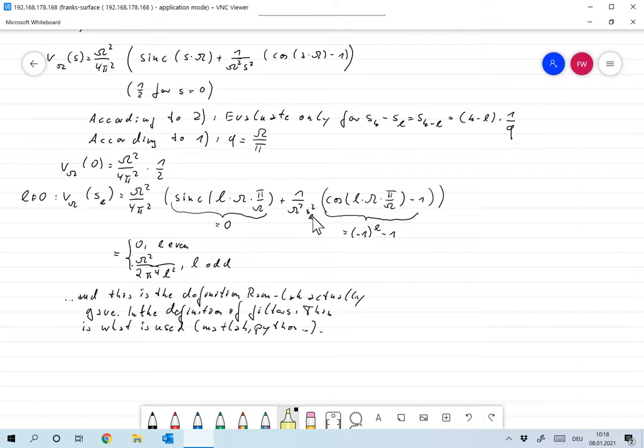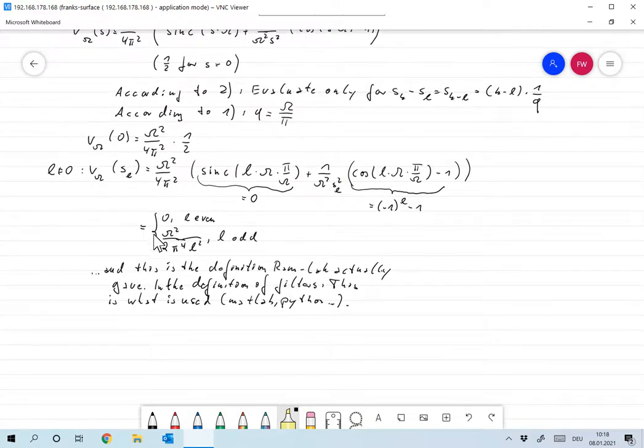And if I now additionally plug in for SL here, again, L over Q, which would be L times pi over omega, then the omega goes away. And just plugging everything together, we get that for L not equal to 0, V omega of SL is 0 for L even, and omega squared over 2 pi to the 4 L squared for L odd.